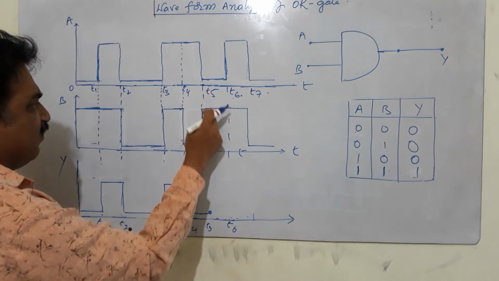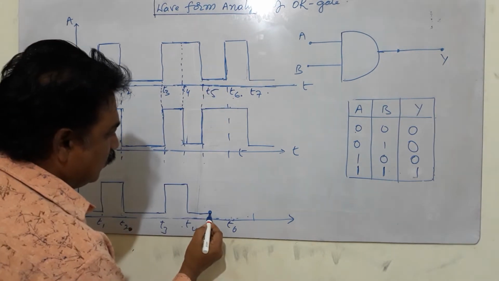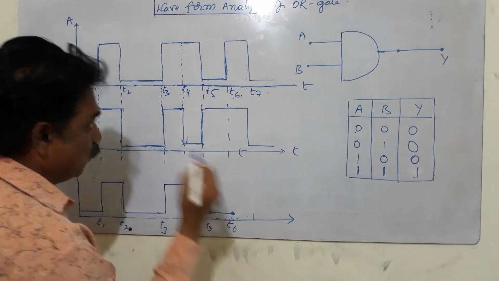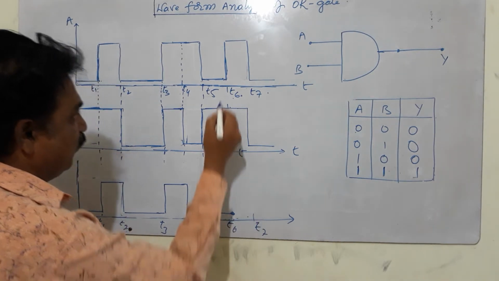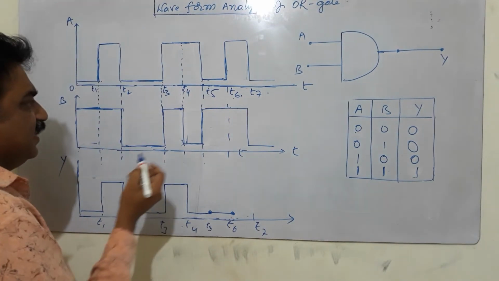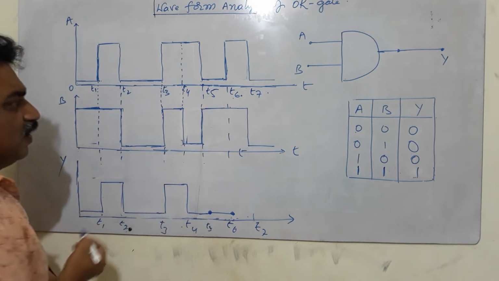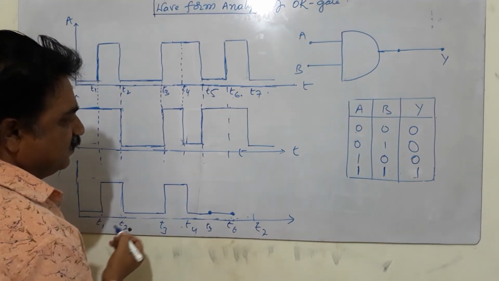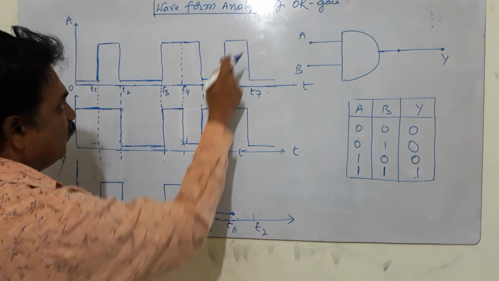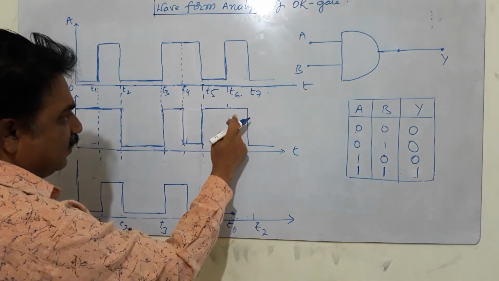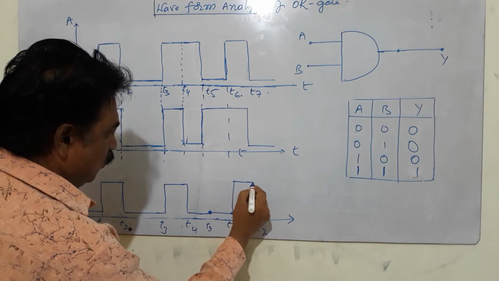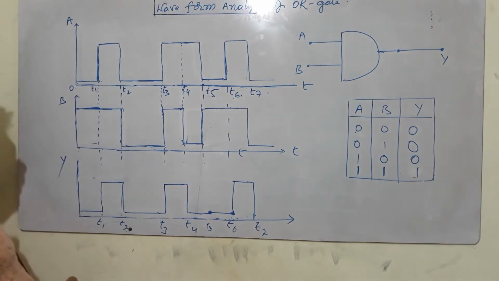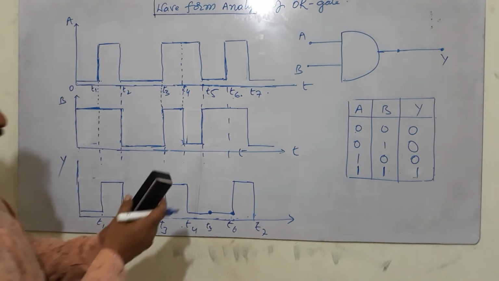If any one of these two is low, the output will be low. For T6 to T7, if you observe, A is high and B is also high for this region. For this region, both A and B are 1. Therefore, the output should be equal to 1.